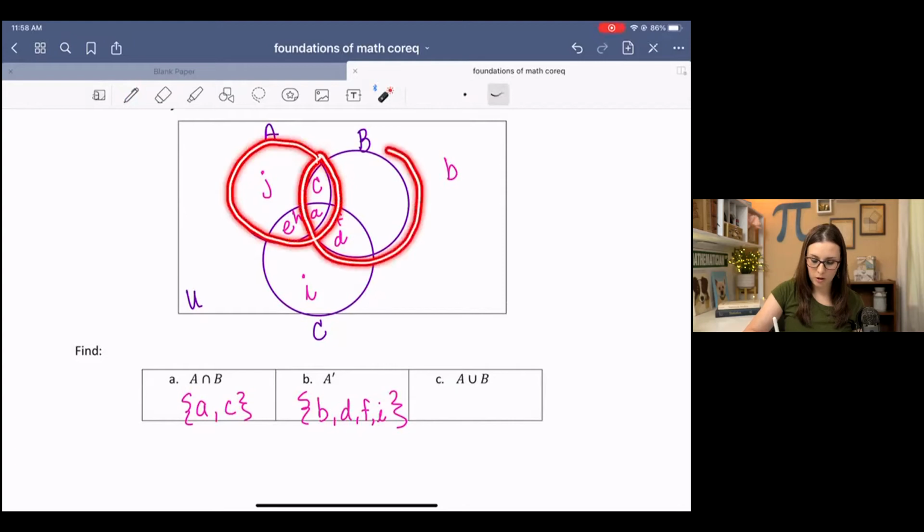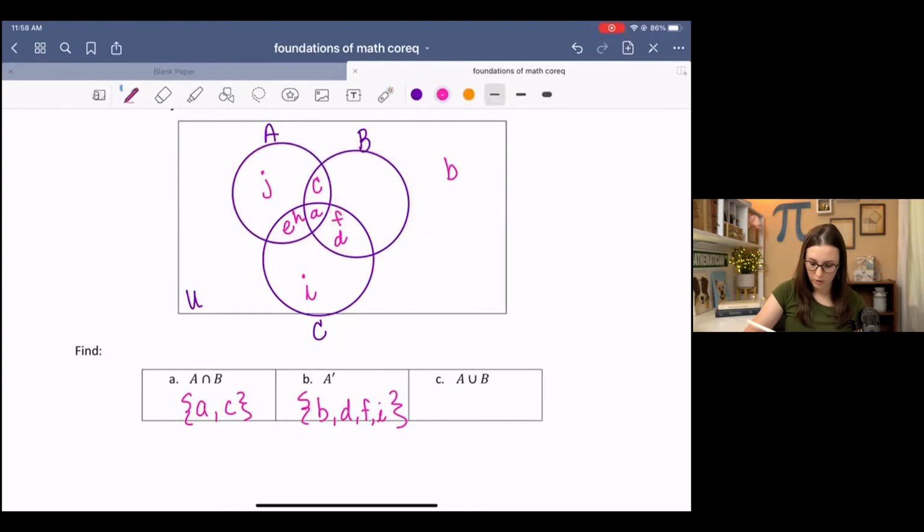And then last one, A union B, that's where we take all the elements of A, we union them with B, and we just list them out. So we've got A, I'm trying to put them in order, C, E, F, oh, I forgot D. D, E, F. I'm going to highlight this so I can see it better.